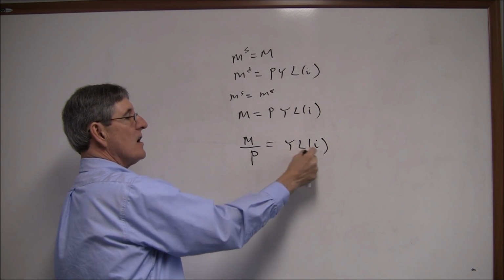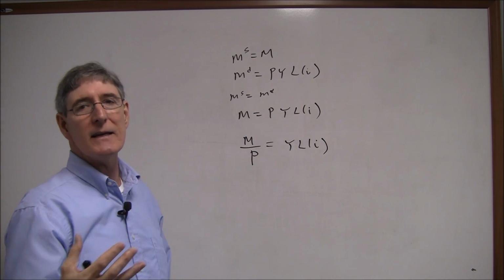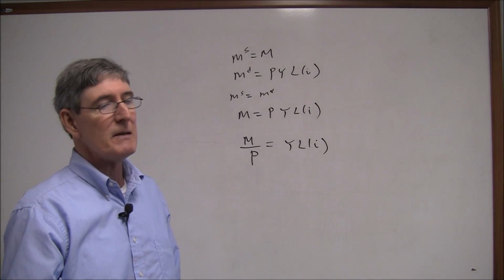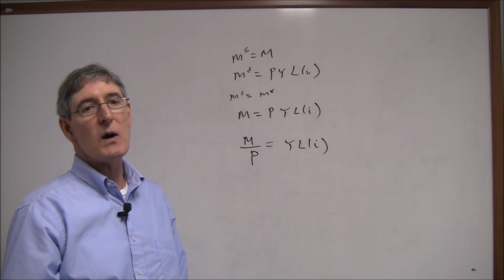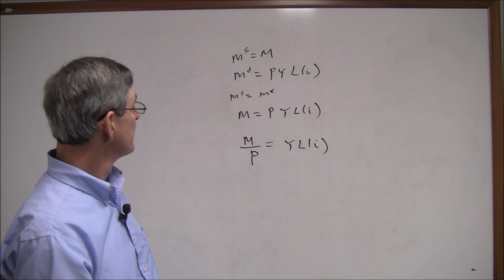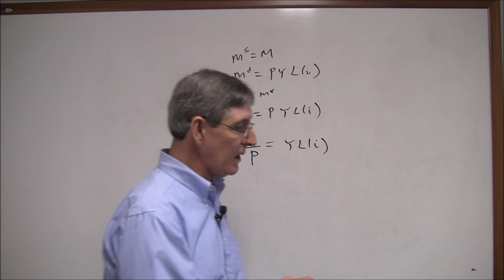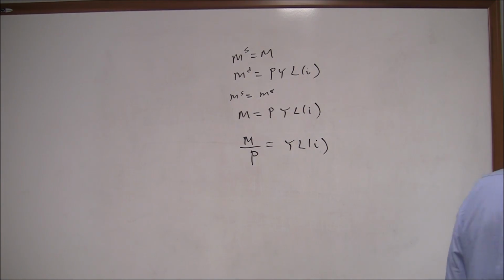So if we hold this side constant, just double prices, that's going to double M. If you're going to buy the same amount of stuff and prices are twice as high as they were before, you should carry twice as much money. And so this is just stating money demand equals money supply in real terms.